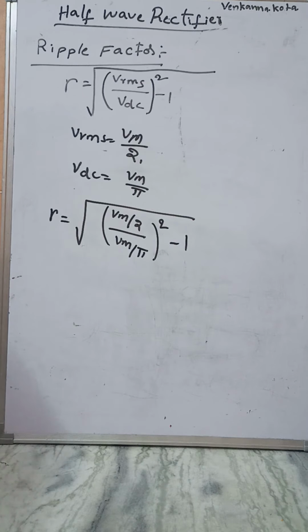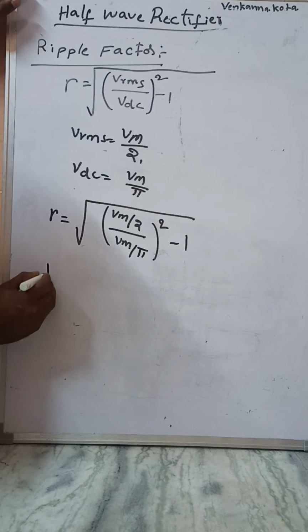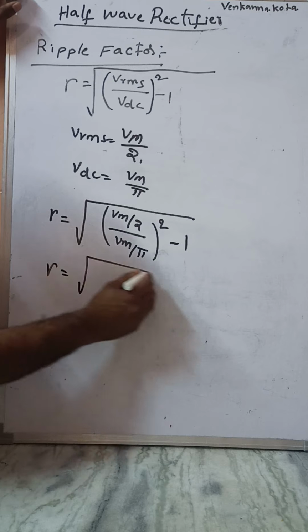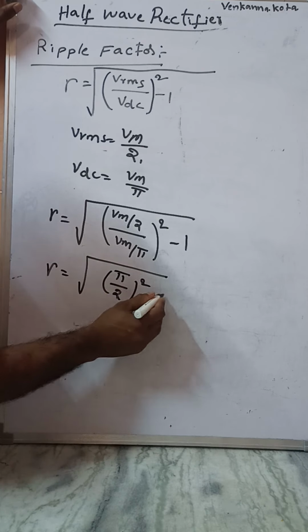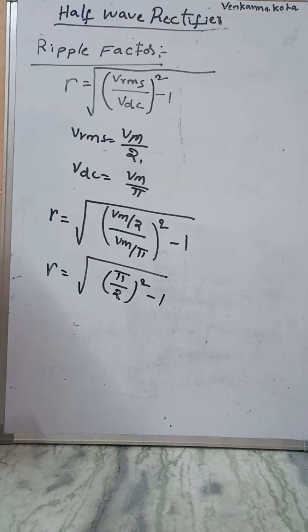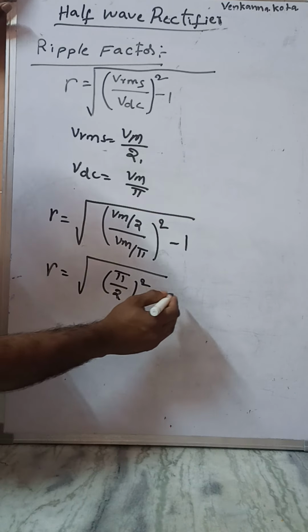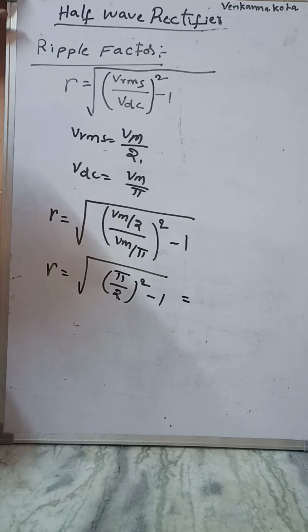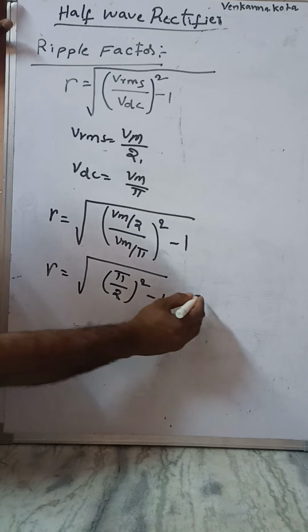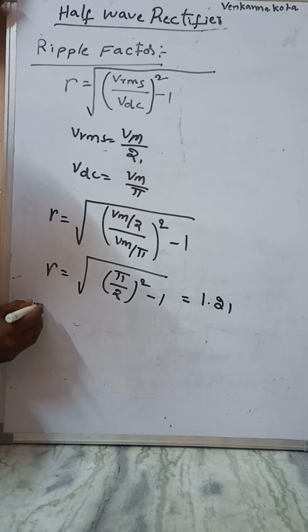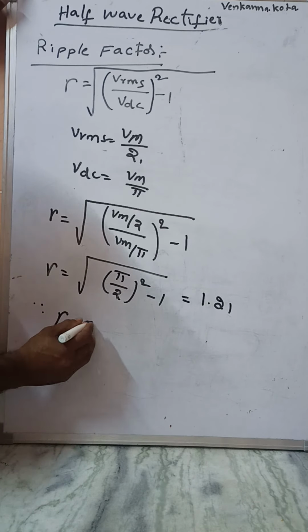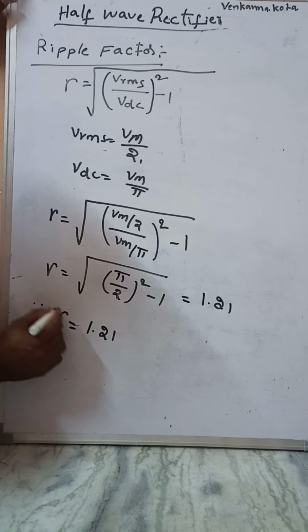So then the value becomes square root of (pi by 2) whole square minus 1. After calculating this value, it becomes 1.21. Therefore the ripple factor for the half-wave rectifier is 1.21.